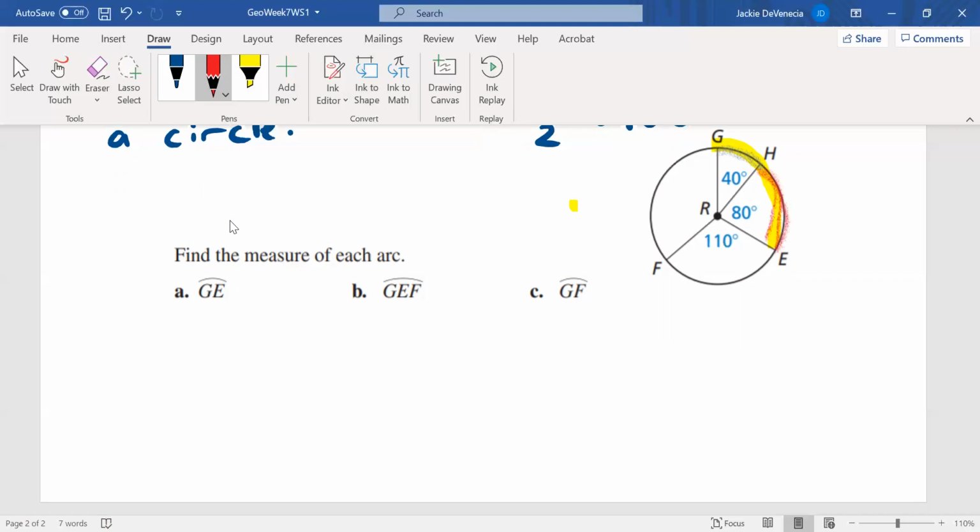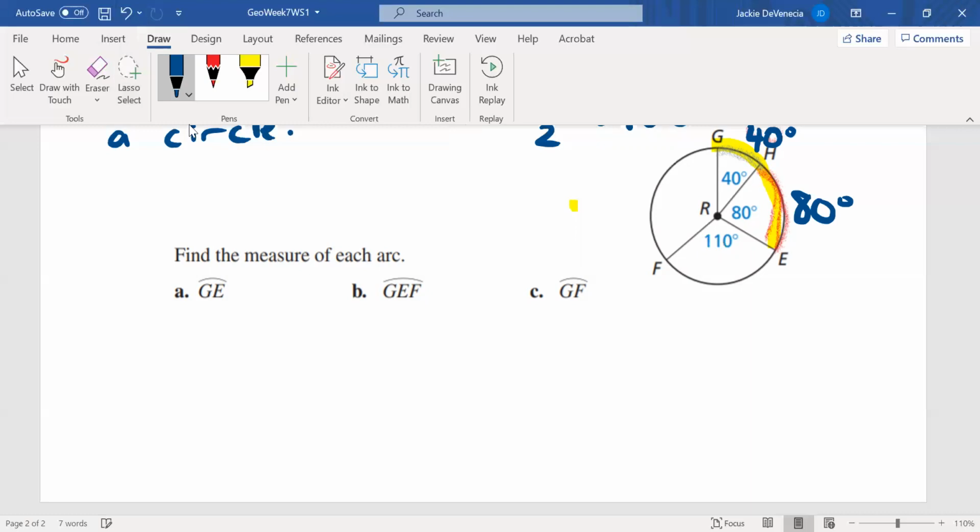So let's find the arc measures of GH and HE. Since this is 40, this will also be 40. Since this is 80, this will be 80.